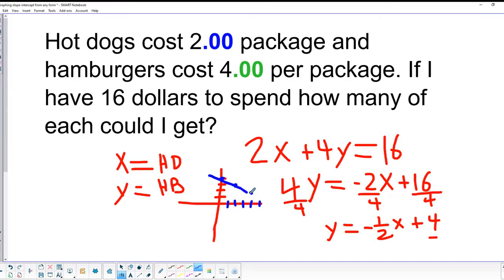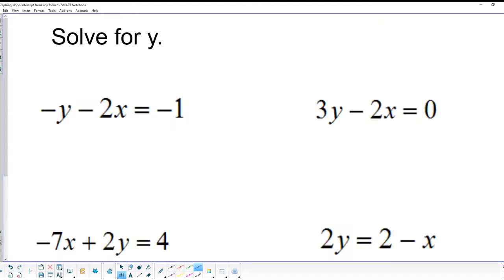And every combination of hot dogs and hamburgers along this line from here to here would be the number of hot dogs and hamburgers that we could get. So that's kind of something to look forward to in the future.